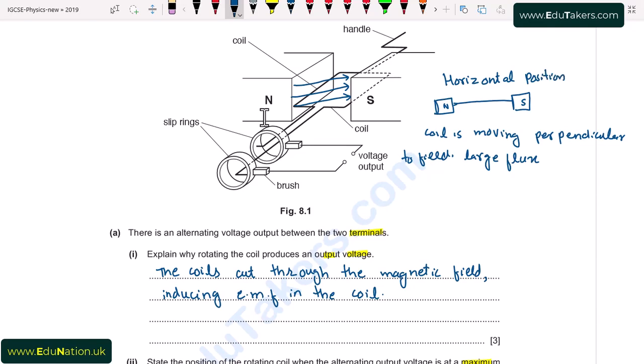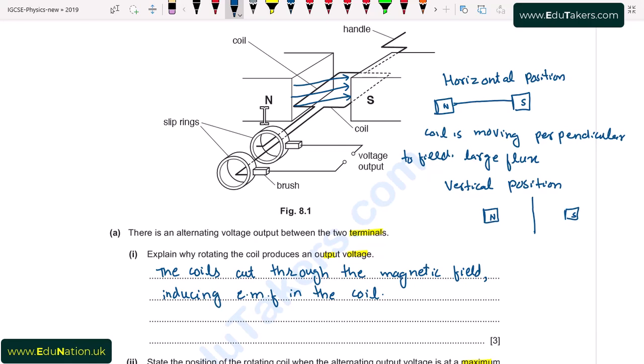Now I consider another case when it is in vertical position. Again consider two poles. This is north and this is the south pole. This is the coil. When it is placed like this, there is also a force that is exerted on this coil. And we know that the coil here is moving parallel to the field.